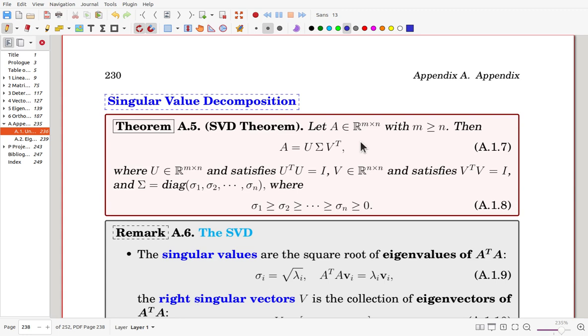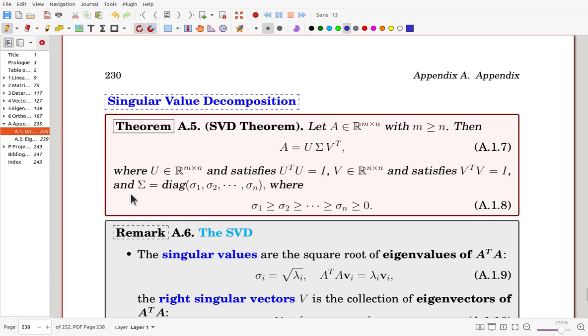If it is a flat matrix, then we can take a transpose and then make a decomposition. Now for the matrix, we have the U sigma V transpose decomposition. U has the same shape as A and satisfies this equation: U transpose U is identity, and V is a square matrix satisfying this equation. In this case, we say that it is an orthogonal matrix.